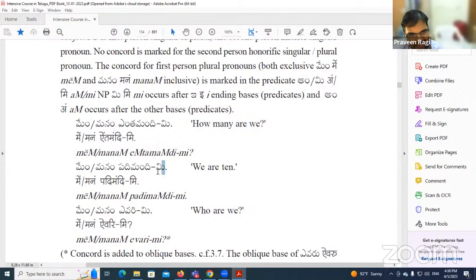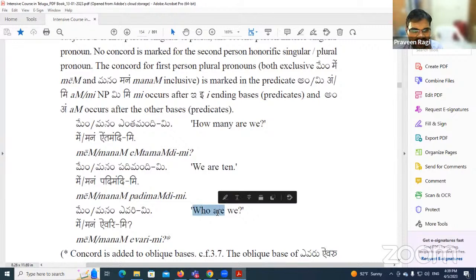So this me is the suffix we added here. Normally, how many means enta mandi when we are talking about people. But when we use this word along with the personal pronoun we, the ending will be enta mandimi. We are 10. Manam or mem, padi mandimi, like that. Padi mandi, then me is the suffix here.